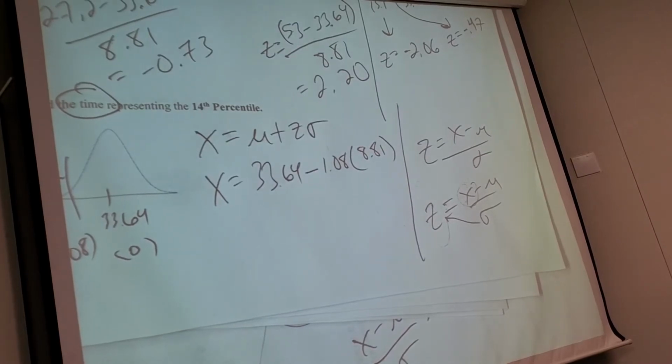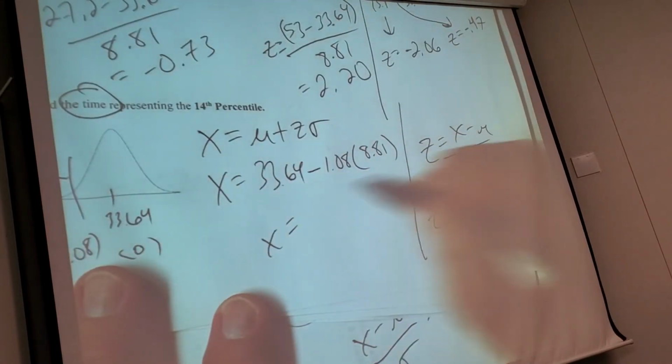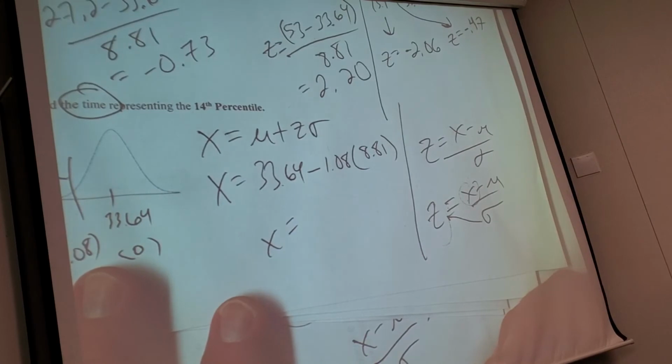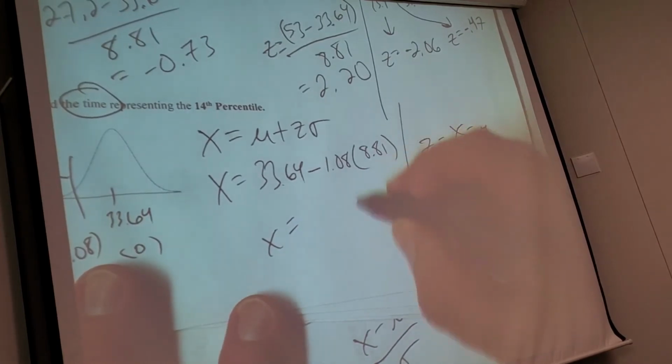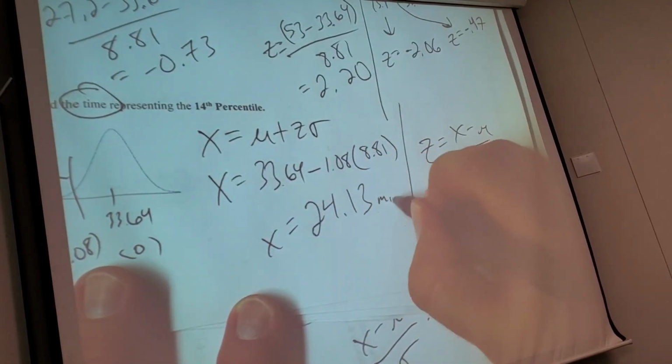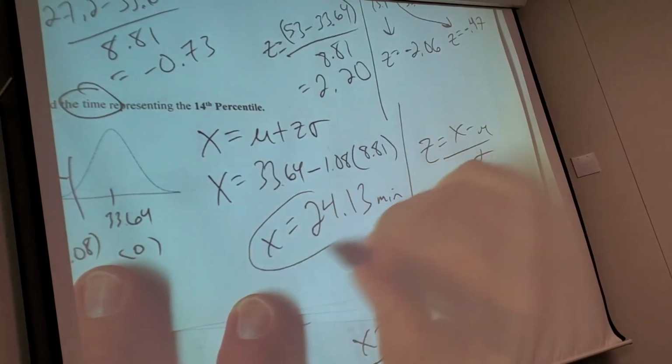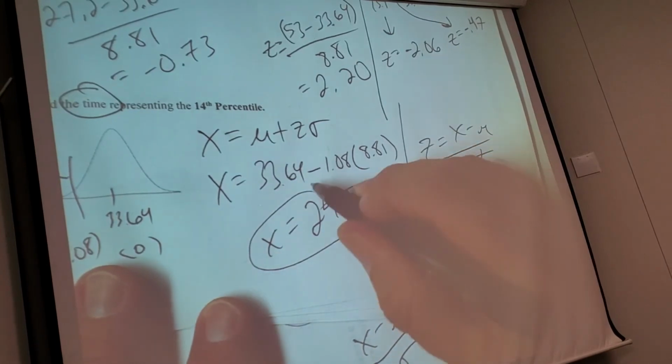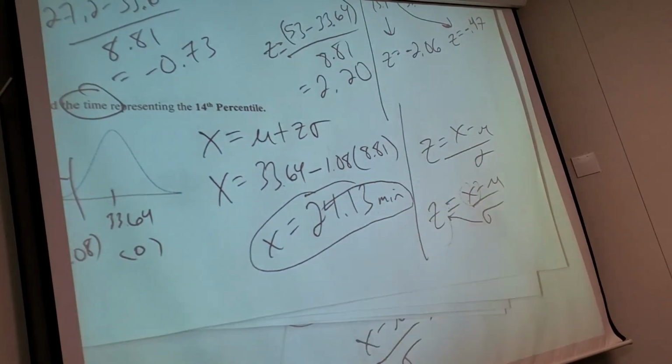Anybody do that yet? Is that about 24? Go the right way, Jeff. 24.13 minutes. So if it took somebody that many minutes per week, they would be in the 14th percentile.